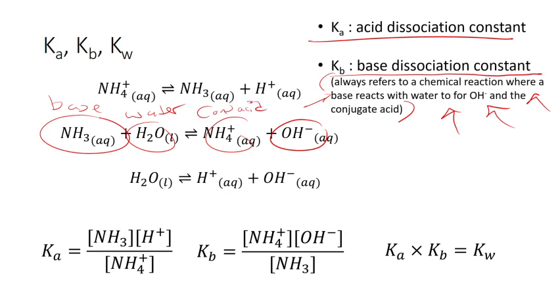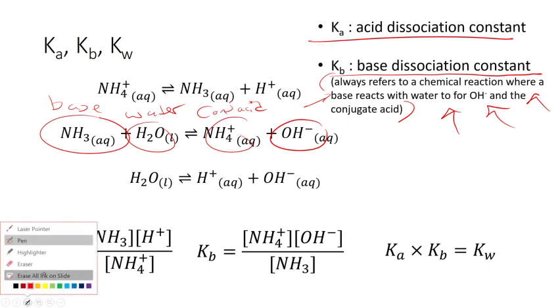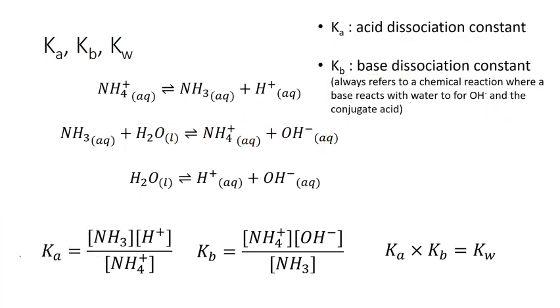So whenever you see a reaction like this, that is a base reaction, and you can utilize Kb when you are looking at the equilibrium calculations for anything dealing with that reaction.